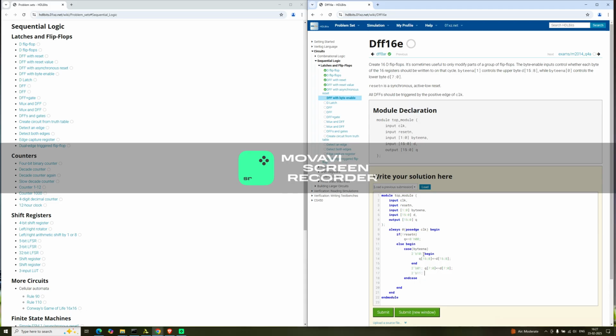If both are 1, then the value of D will be transferred to Q, and the default will be Q equal to 0. Let's see how it works out. We don't need begin and end here. So we have covered two cases which were explained above. The problem statement says that if the first bit is 1, then the higher byte is transferred. If the lower bit is 1, then the lower byte is transferred.